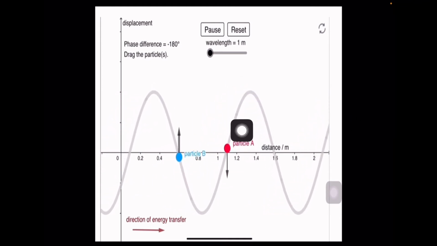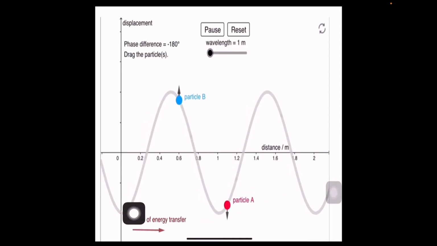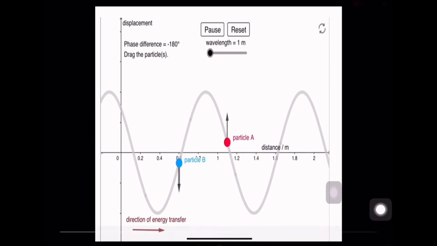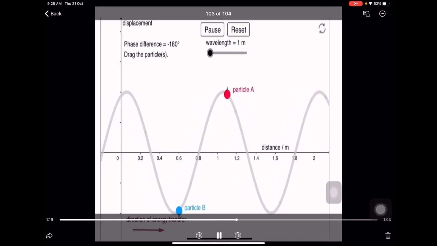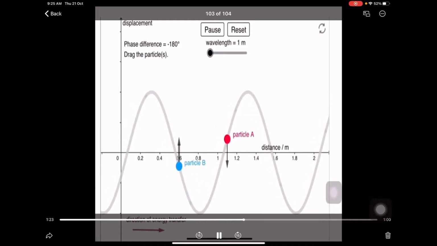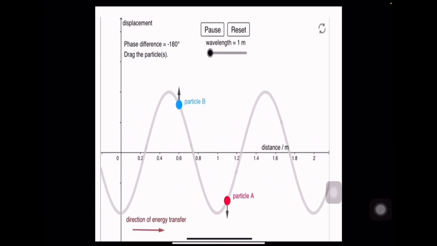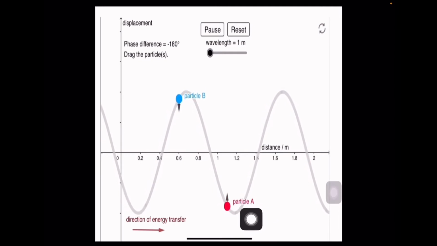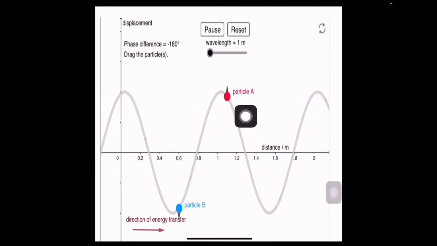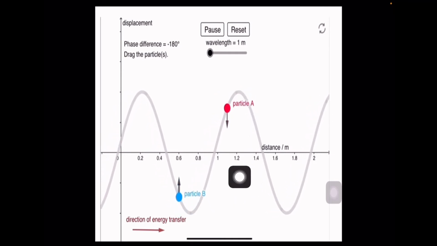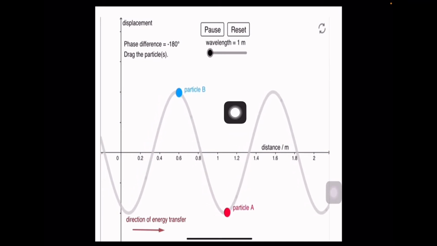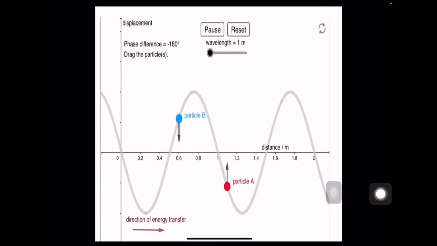Speed means only its value. The direction is towards the right in this case. So that's the difference. Do you see the difference? The particle does not travel along, it only vibrates at its own position. Let's say you look at particle A, even though you see the wave profile moving, the grey one, particle A only vibrates at its position, the same position. It does not move along. That's the difference.